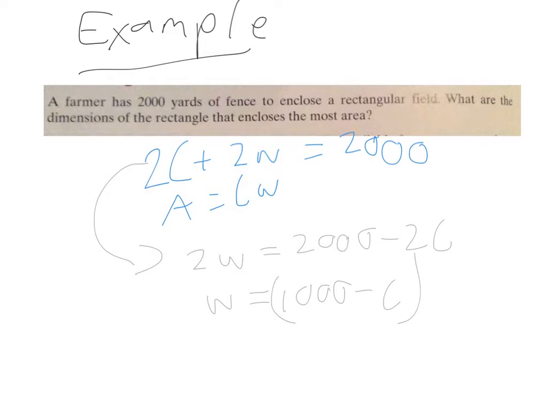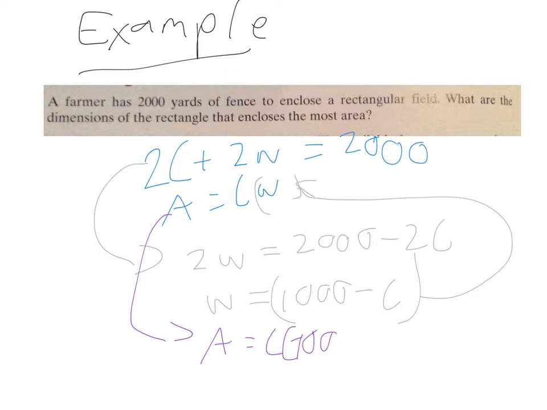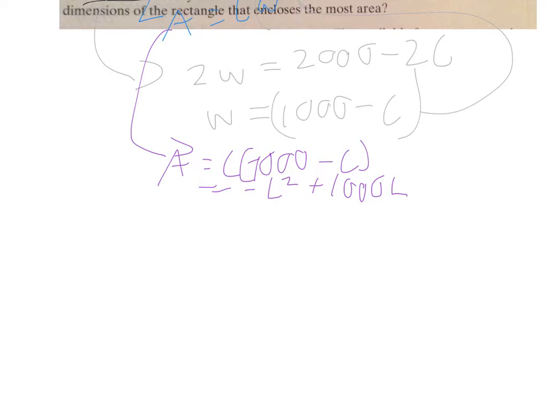So we take this and plug it in for W, which gives you a formula for the area: length times (1000 minus the length), or negative L squared plus 1000L. Let me write that neater. Our formula for the area in terms of the length is negative L squared plus 1000L.